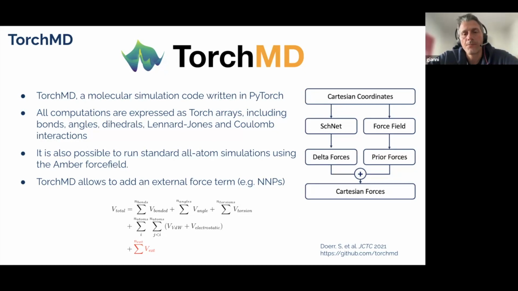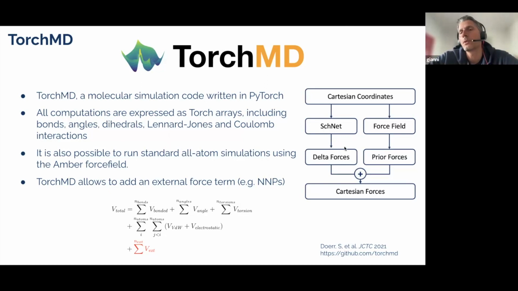These two terms coexist at the moment. One of the first networks that did this is called SchNet, and there is another one, ANI-1, which I'm not mentioning here. What TorchMD does, and it is publicly available, is allow you to mix and match these things.